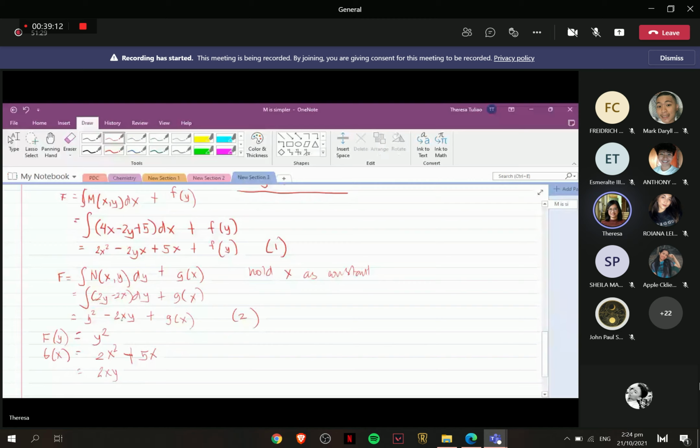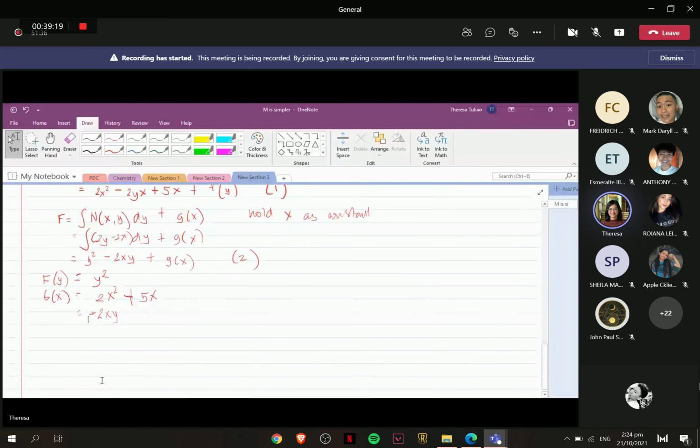And then, to get now the general solution, our general solution now is just simply the addition of all these terms. So, that is y squared plus 2x squared plus 5x minus 2xy is equal to 0.